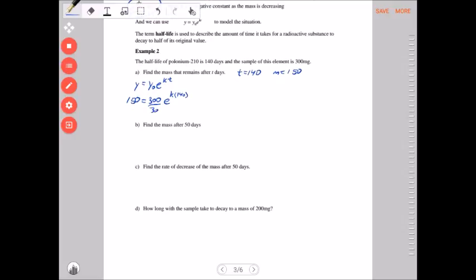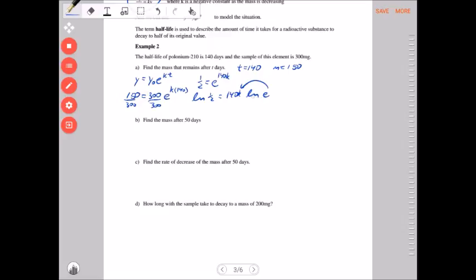So divide by 300, divide by 300. So 1/2 equals e to the 140k. No problem. We take the ln of both sides. Ln half equals 140k ln e. Now remember that the 140k was the exponent on the e, so that popped down.